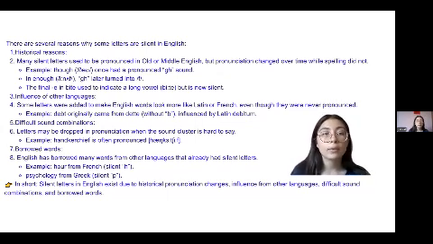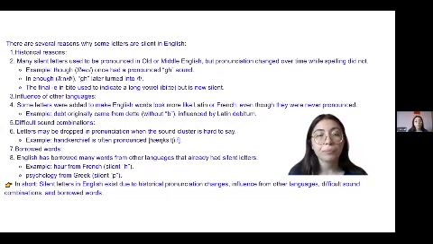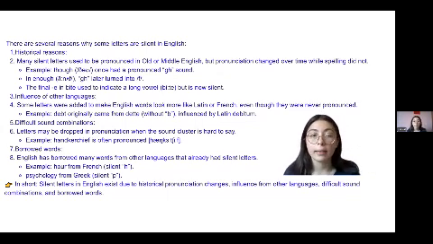And difficult sound combinations is another reason. Letters may be dropped in pronunciation when the sound cluster is hard to say. And borrowed words. English has borrowed many words from other languages that already had silent letters.